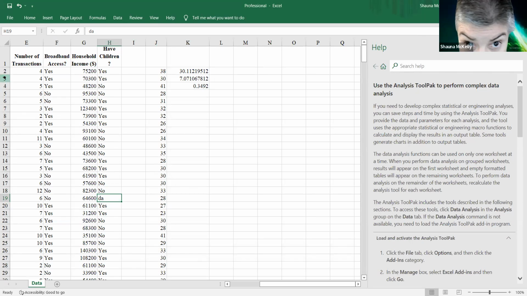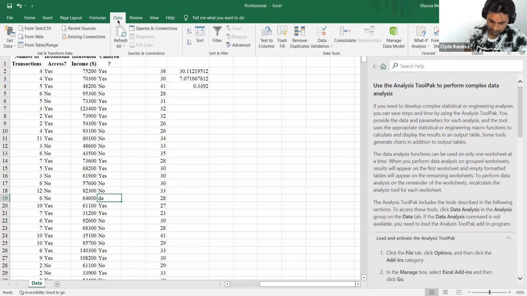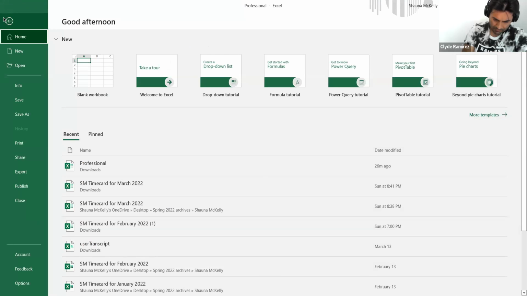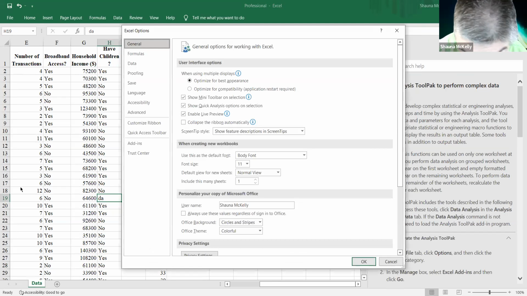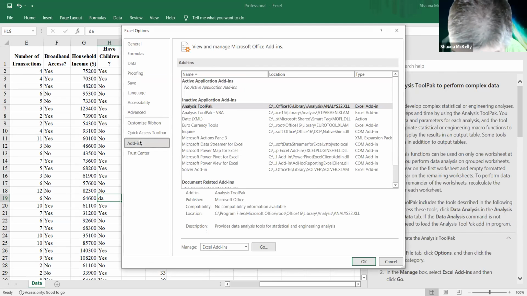So then I want to go to data and go, okay, didn't give it to me. File, option. I'm trying to get the analysis tool pack right now, which is what we need to do the add-ins. Analysis tool pack. Okay. That one. Click go.